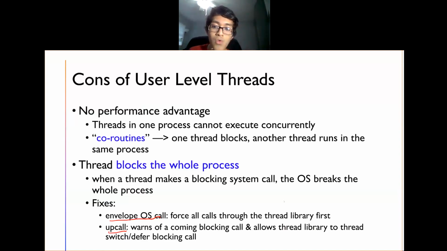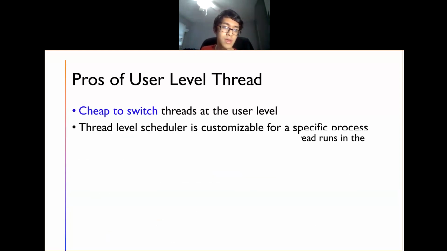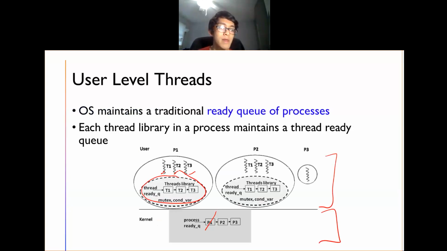Okay, I have a private question. Why does the OS break the whole process in user level thread? So in this type of implementation, the kernel or the OS is not the entity that breaks the process. Instead, it is the process itself that breaks the process into multiple threads.